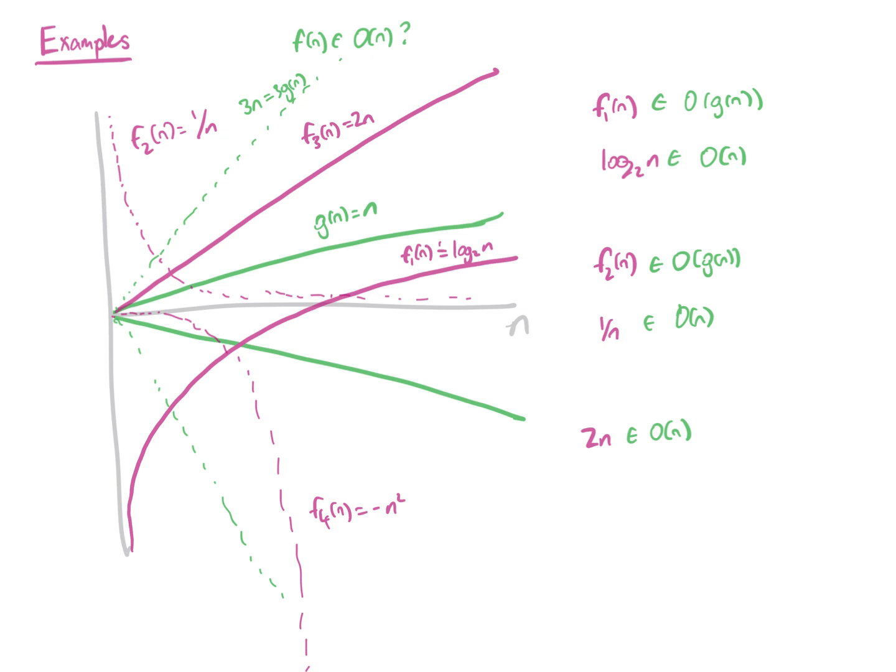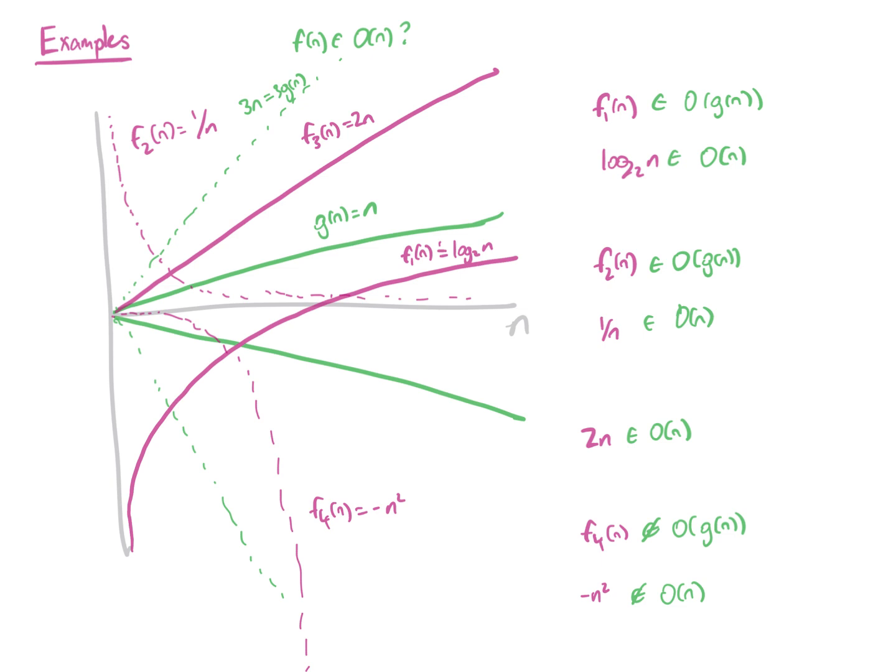And so I'm going to find that f4 of n is not in big O of g of n, or we could also write that as minus n squared, or indeed n squared, either one would be fine, is not in big O of n.